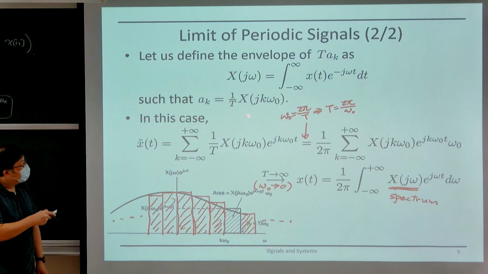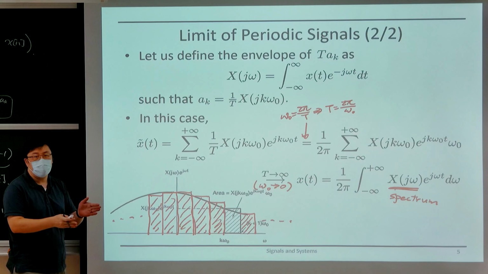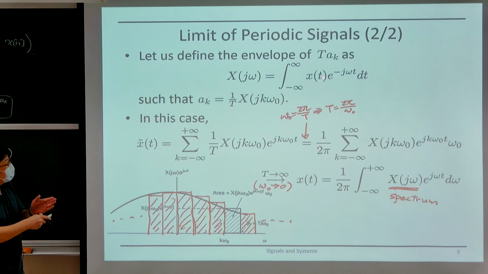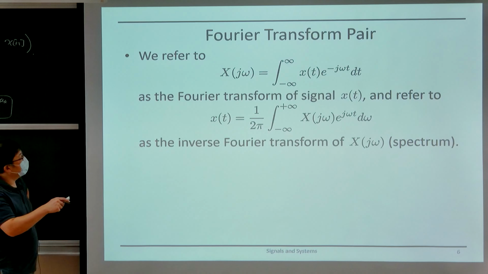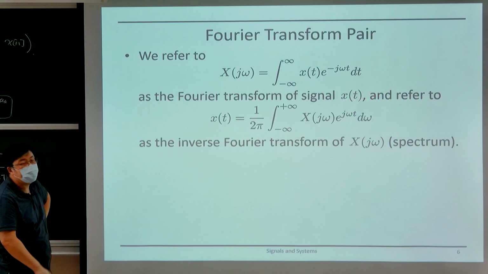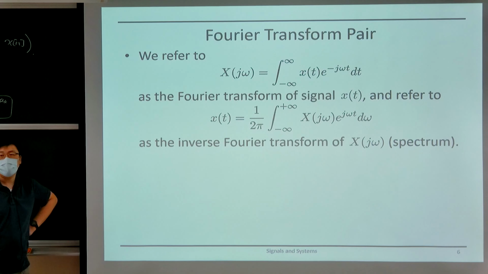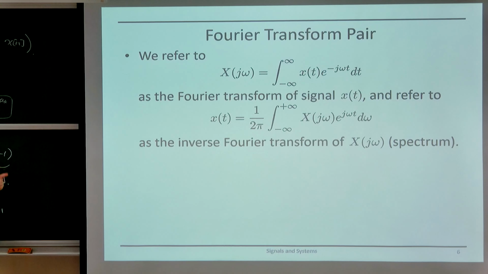So these two expressions form what we call a Fourier transform pair, because given one, you can always compute the other. We refer to this capital X as the Fourier transform of the signal x of t, and refer to this x of t as the inverse Fourier transform of this spectrum capital X.